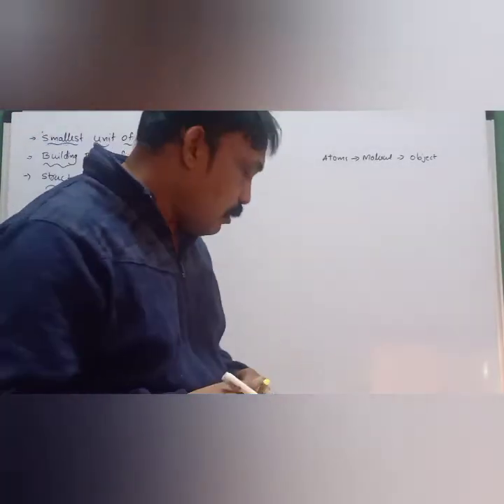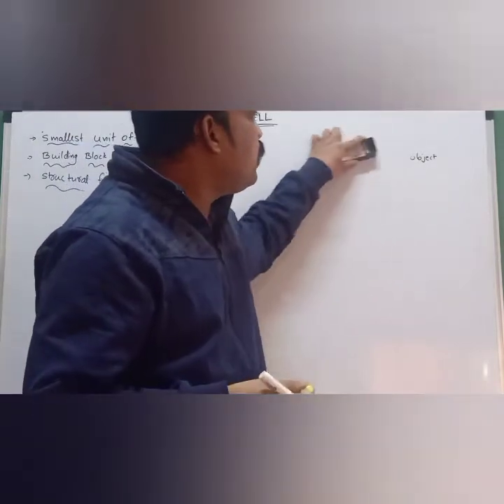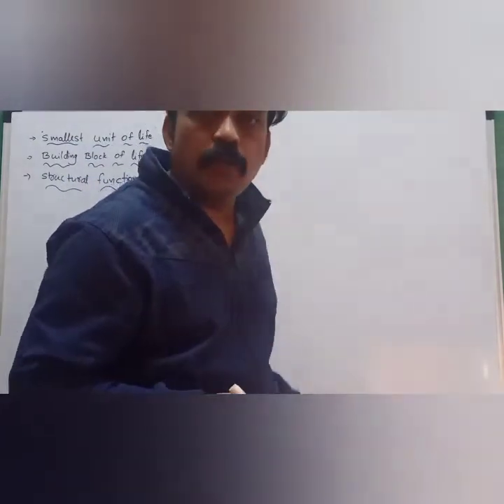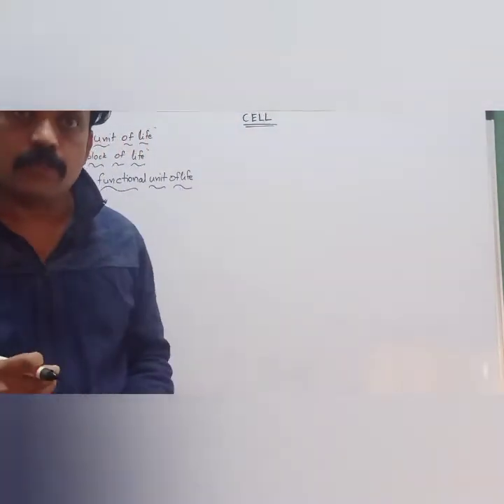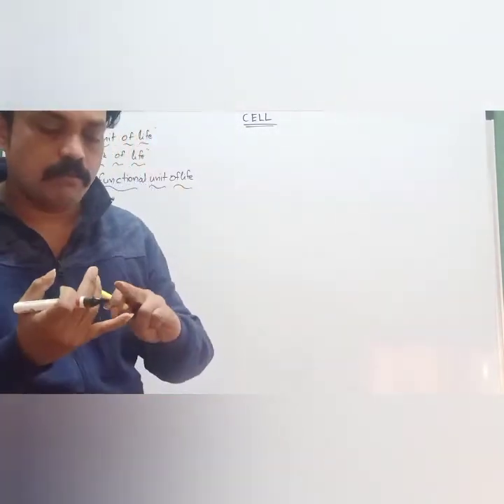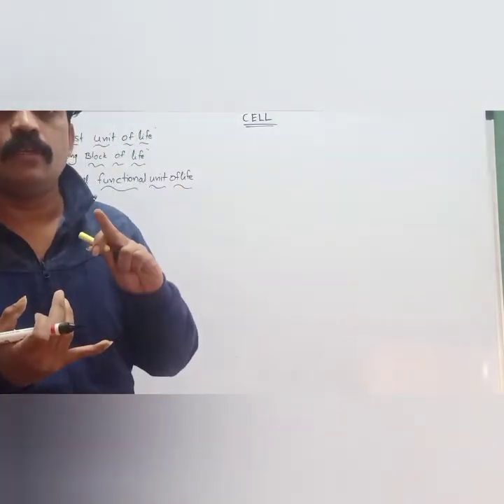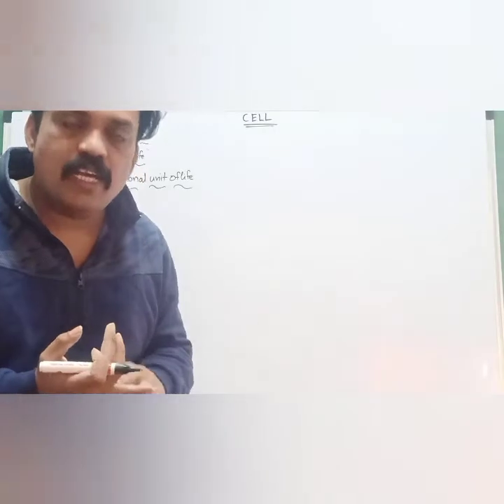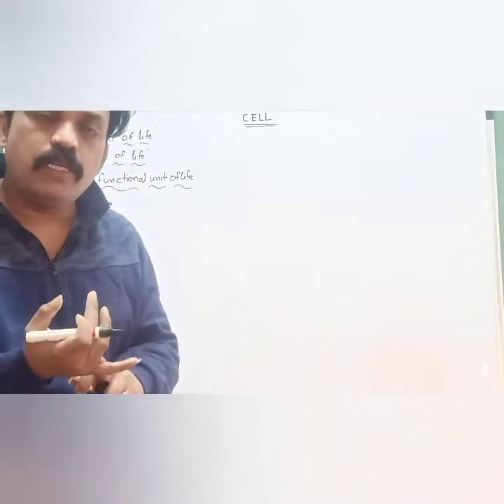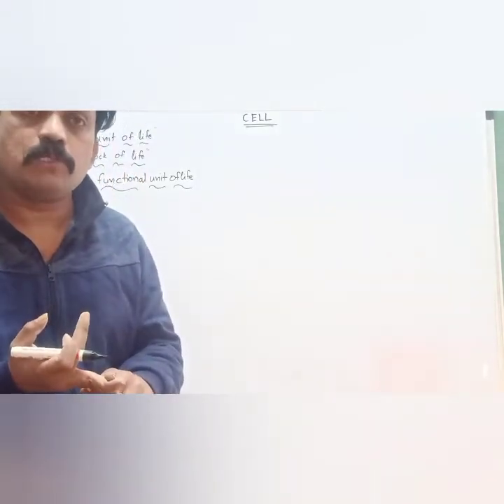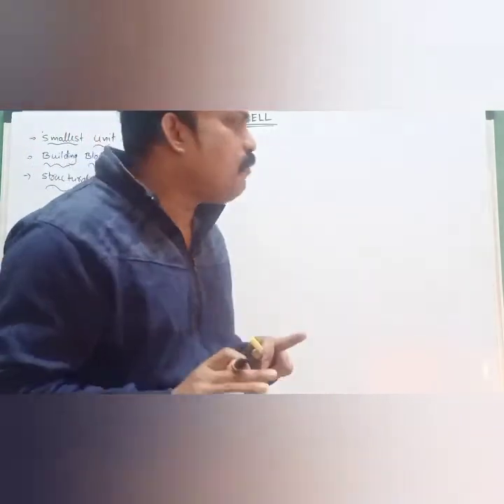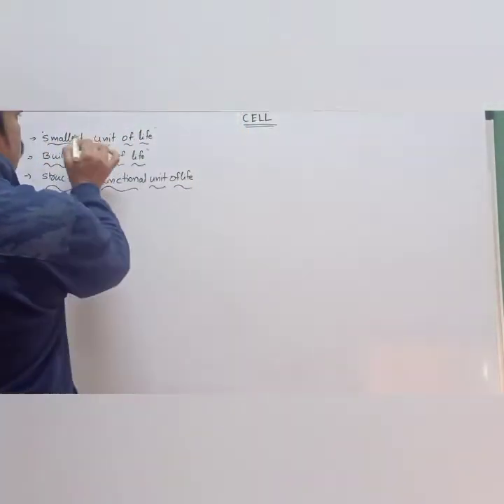It is the same with our body. Don't think only about human beings. All living organisms, microorganisms, plants, human beings, and all types of animals are also made up of the smallest unit. What is that smallest unit?